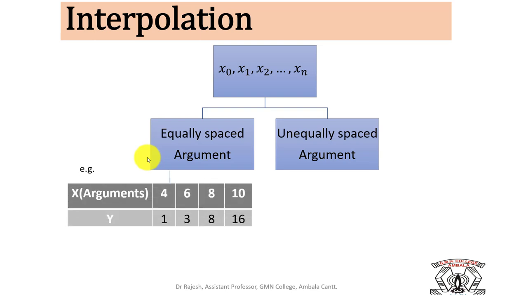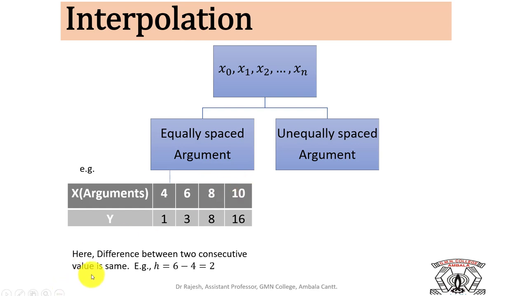Here we are illustrating these equally spaced arguments through an example. Here, the value of the function at 4 is 1, at 6 is 3, at 8 is 8, and at 10 is 16. So here we see the arguments are equally spaced. 4 to 6 is 2, 6 to 8 difference is 2, 8 to 10 difference is 2.